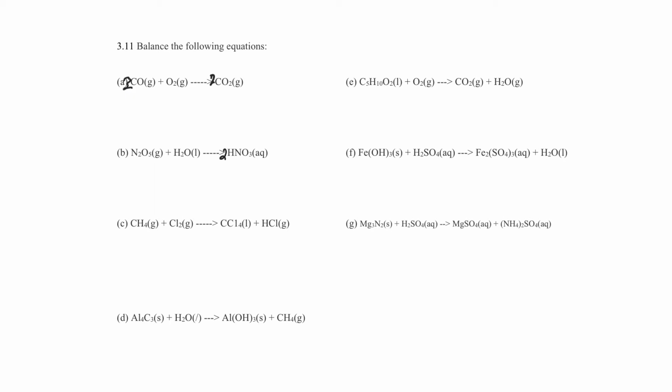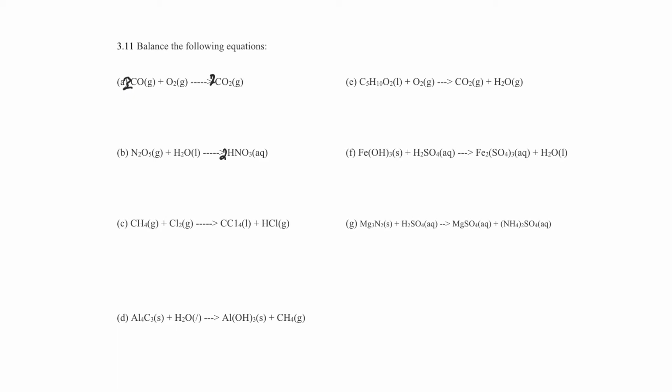Now let's do C. I have methane gas plus chlorine gas yields carbon tetrachloride plus hydrochloric acid. All right, so let's do hydrogens last. So I'm going to start with carbons. I have 1 carbon on the left, 1 carbon on the right. So carbons are okay.